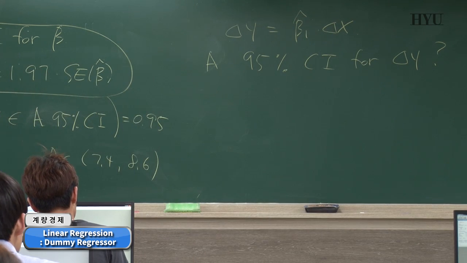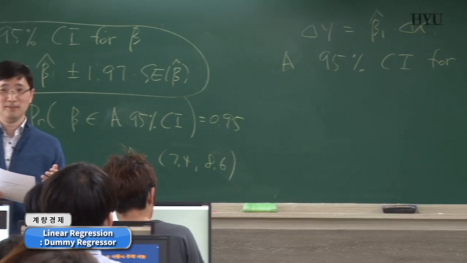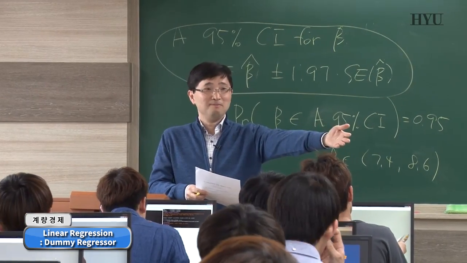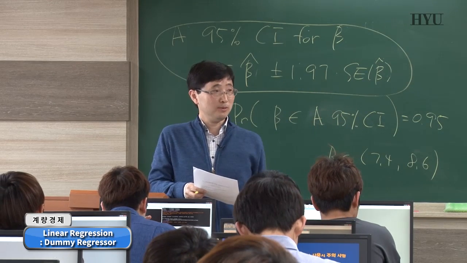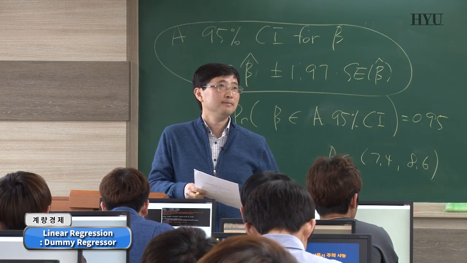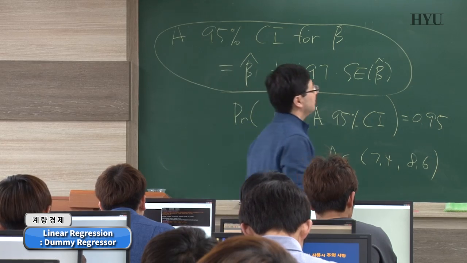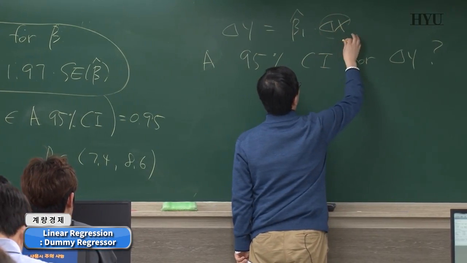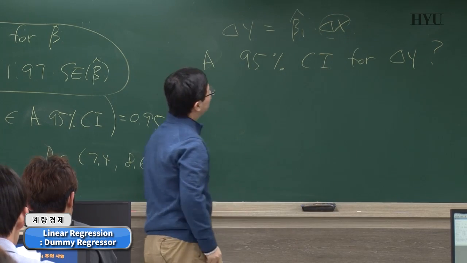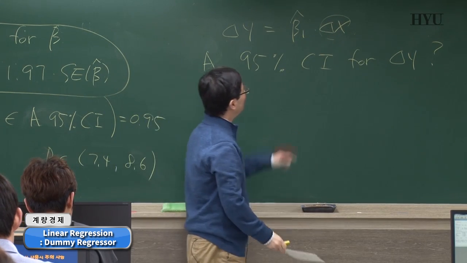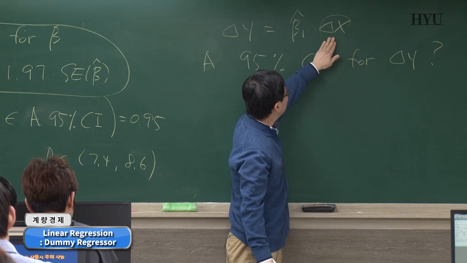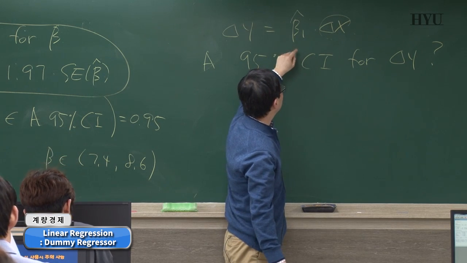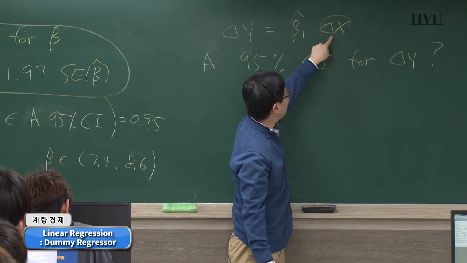Because sometimes, suppose that you're a consultant and you have customers out there. That's what your customers want to know. So that's the number you have to report. Okay? It's actually quite easy. This is just a fixed number. You can increase, decrease your x any way you want. So there's no randomness here. All the uncertainty is coming from here, right? So it's kind of an easy exercise. You have a random variable times a constant.